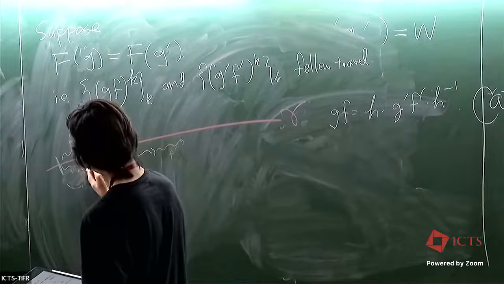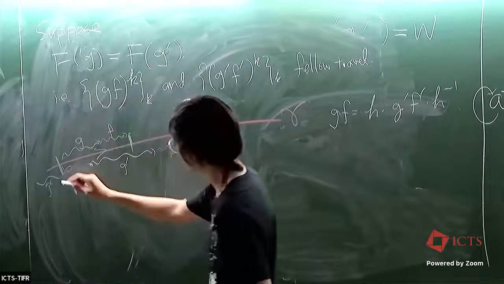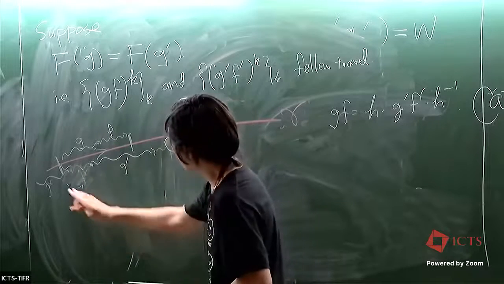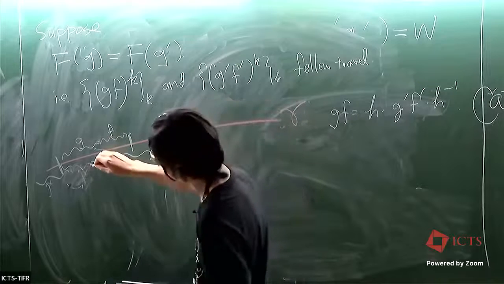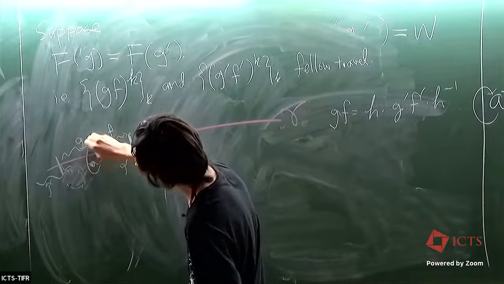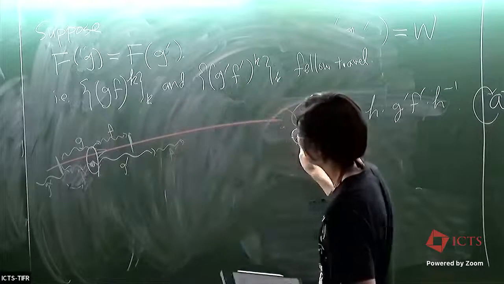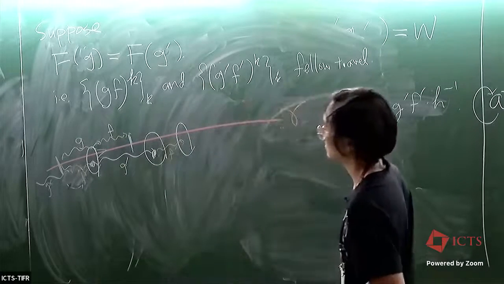Here is F prime G prime previously. So these are all aligned geodesics. So this point, this orbit point, should remain close to gamma, as well as this one, and so on.